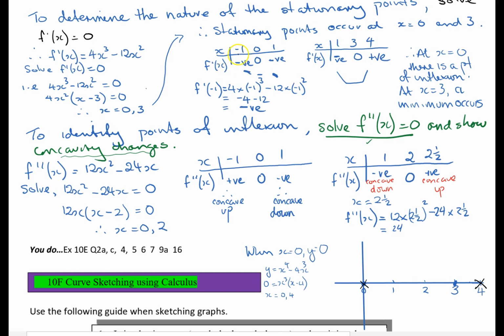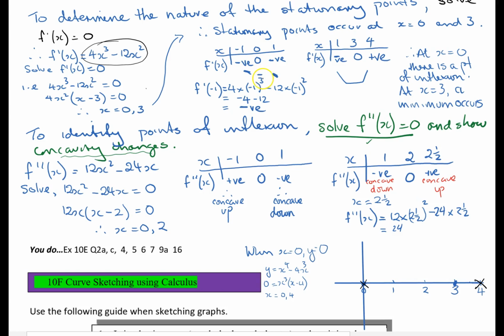So I sub -1 into f dash x: 4 times -1 cubed minus 12 times -1 squared, we end up with a negative. So the gradient to the left of 0 is negative, it's coming down.